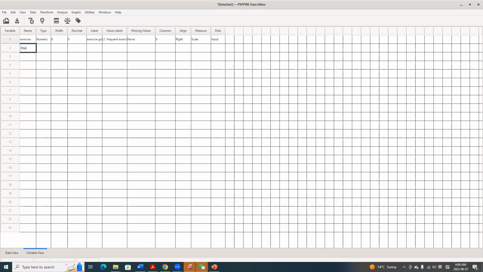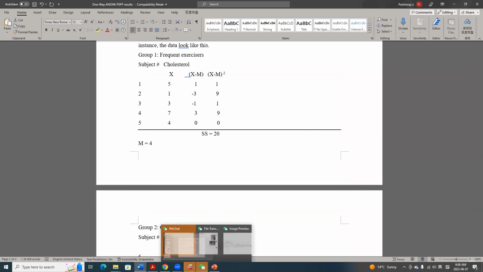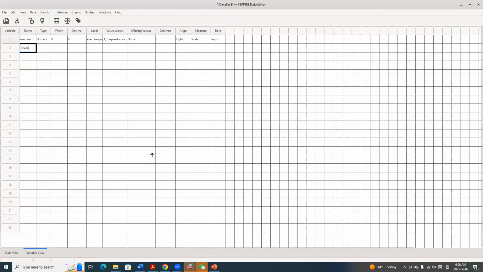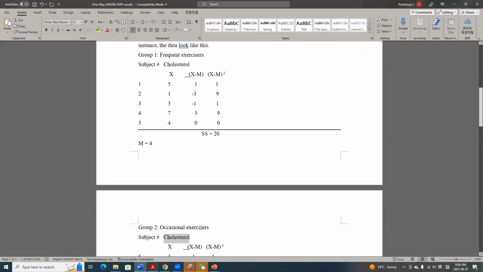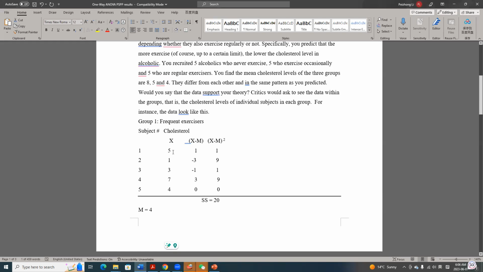So call it CHOL, cholesterol level. Okay, 3 groups, cholesterol level.